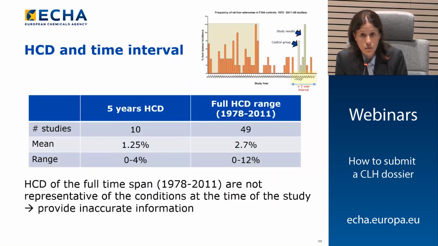And the range of incidence in the 5 years is between 0 and 4, and it is 3 times larger, from 0 to 12, if we take into account the data for over 30 years. So what we want to stress is that such a large time interval, in this case about 30 years, is not representative of the conditions at the time of the study, and it provides an inaccurate picture.